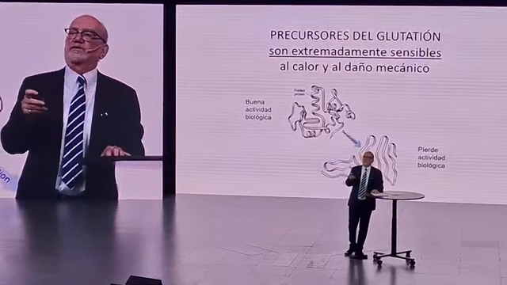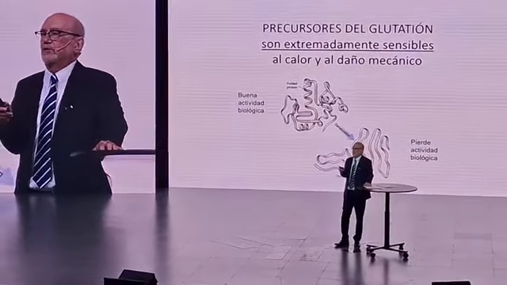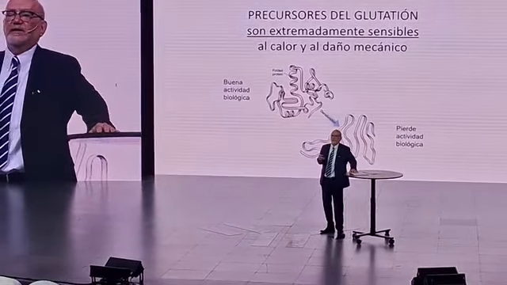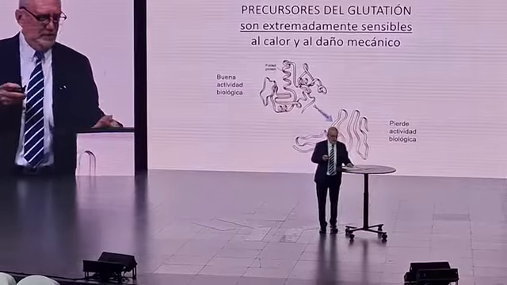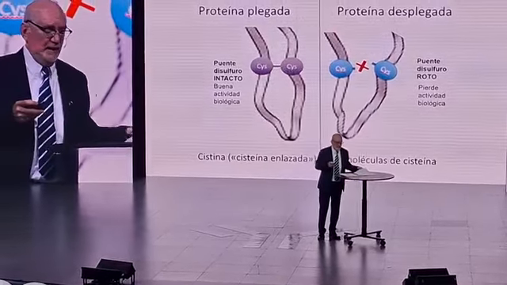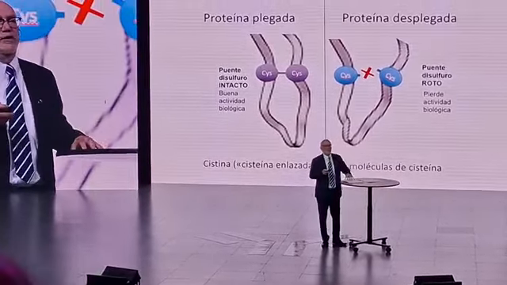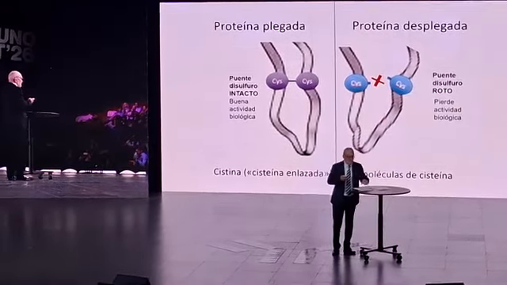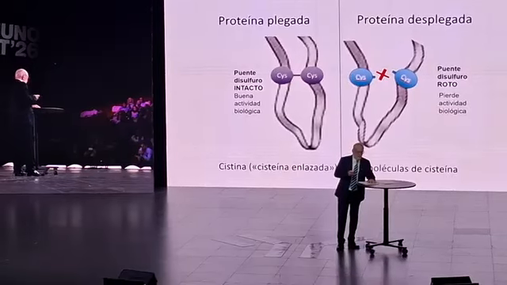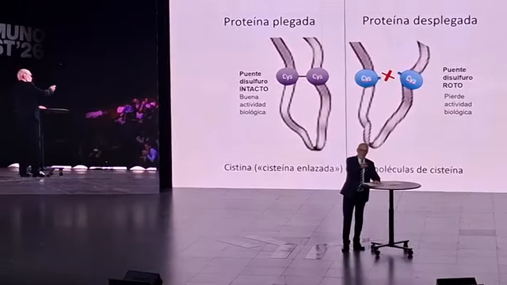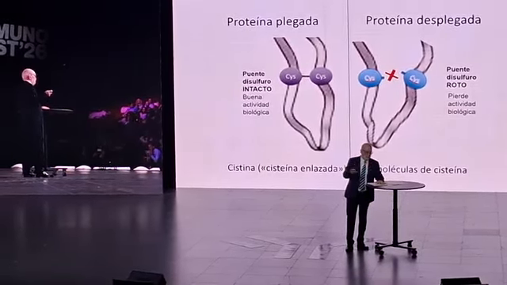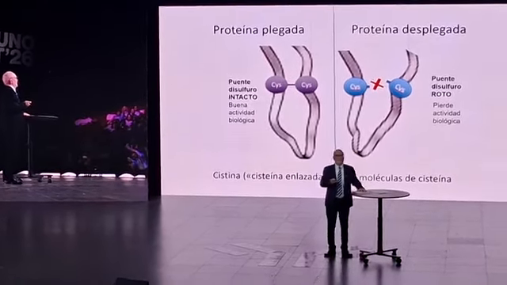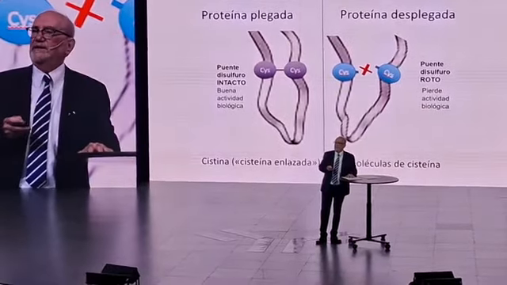So commercial whey proteins remain an excellent source of nutrition, but have lost their ability to raise glutathione. Here we see an extreme close-up of a strand of this protein, and you see that the bond between the cysteines in an unfolded protein becomes broken. So this is why we call the active ingredient in Immunocal bonded cysteine.